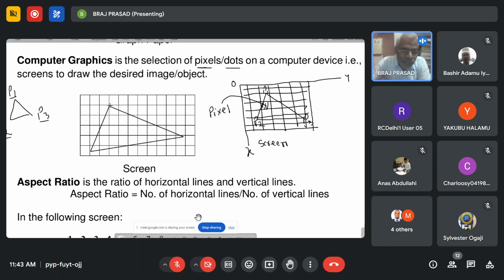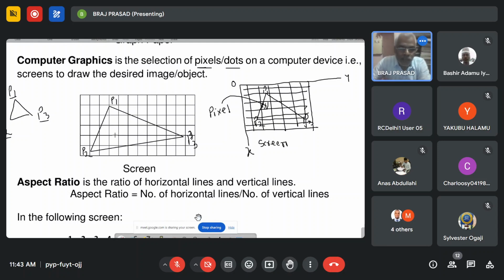So I have shown here, this is our computer screen like a graph paper. First we determine the point P1, then P2, and then P3. After determining these three points, we combine P1 and P2, P1 and P3, and P2 and P3.